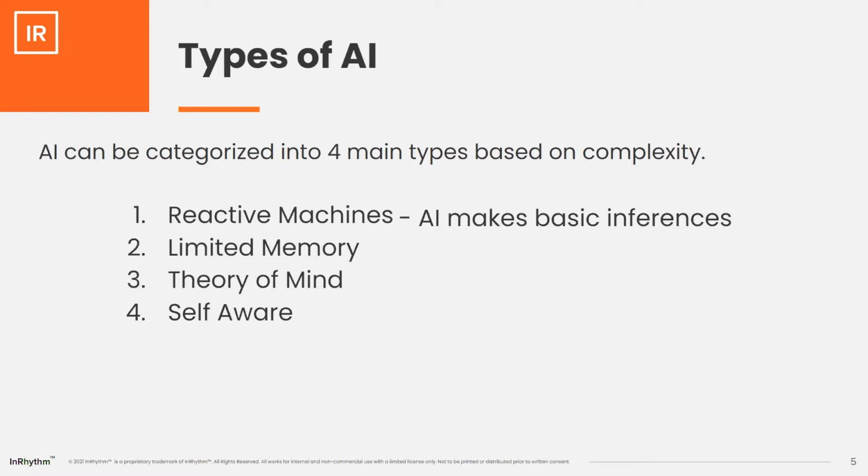I guess a really good example of what you may not expect to be a reactive machine: if you've ever watched a TV show or a movie where they have some kind of facial ID or facial recognition going on the screen, and there's a box drawn around that face. That's an example of a reactive machine, right?